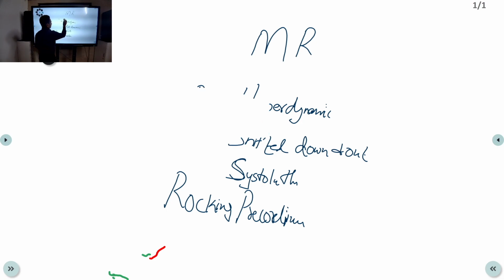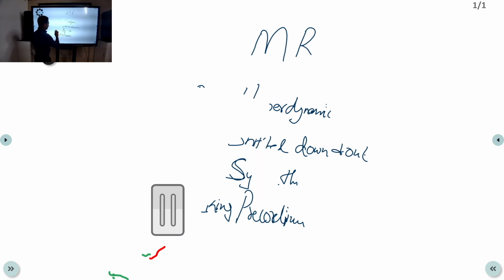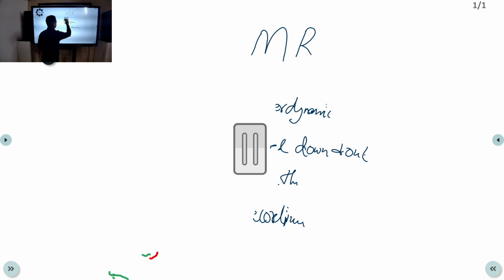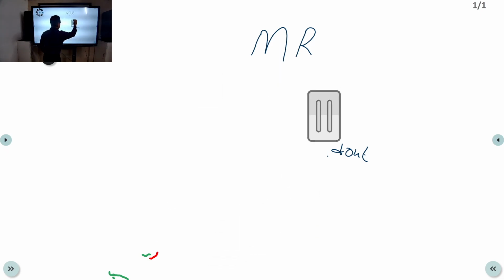Then, like I mentioned in MS, you look for signs of pulmonary artery hypertension. What are the signs which I mentioned earlier?